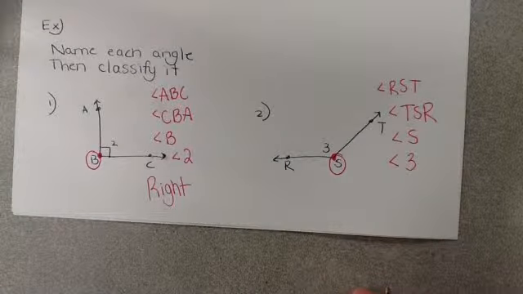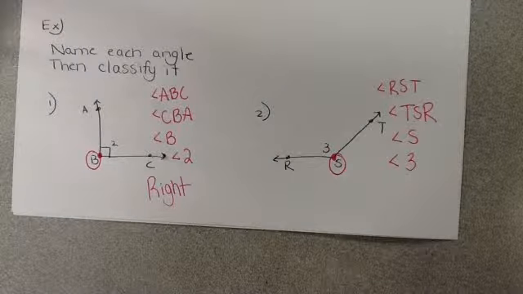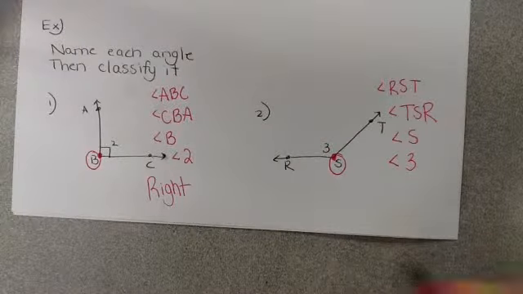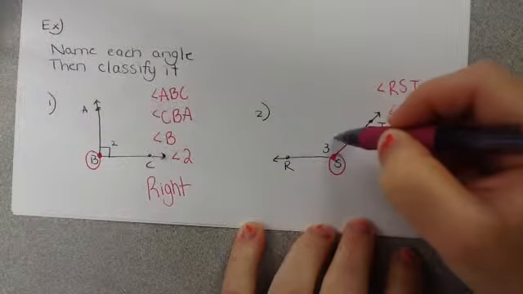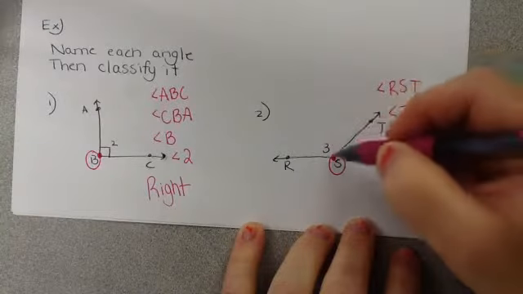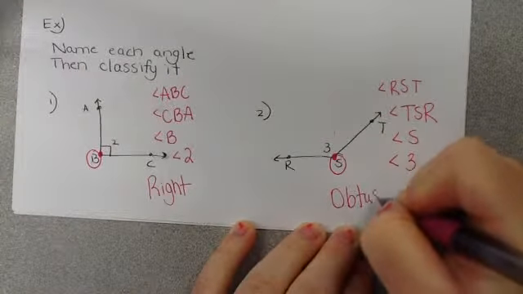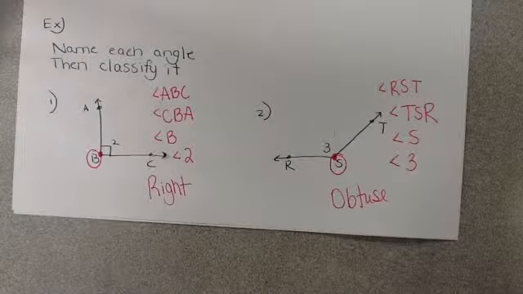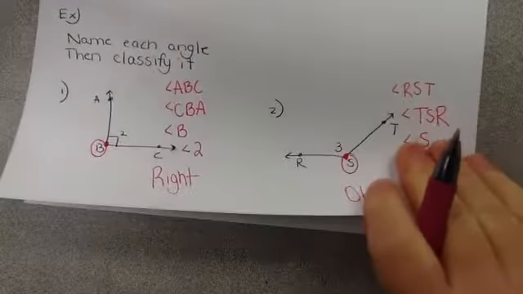Was this a right, acute, obtuse, or straight angle? It's an obtuse. There would be our 90 degrees right here, so it is larger, so this is an obtuse angle. It is larger than that 90 degrees. Nice job.